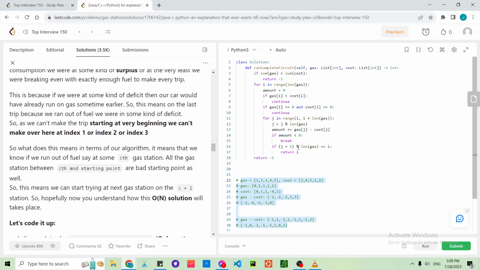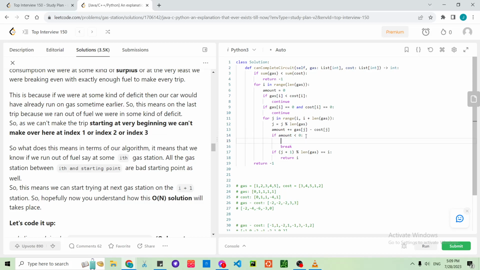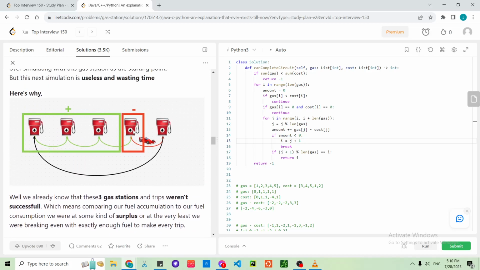Okay, so what does that mean for my code here? Once I realize that the amount is negative, we do not want to try with the next i, we want to try with the next index. i is now j plus 1, because it was standing at j.